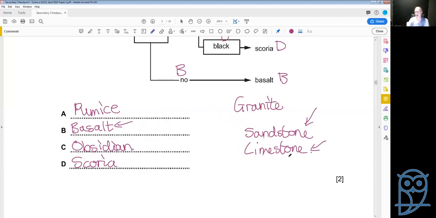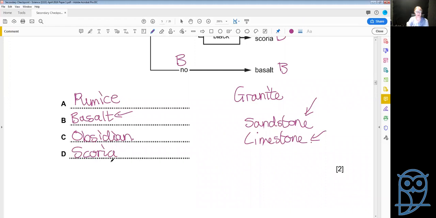And limestone tends to have the fossils of slightly bigger sea creatures embedded inside it. So that's really, really cool. Sandstone is literally lots of sand that sort of gets compacted over time. And sandstone tends to have the bones or fossils in it of more land creatures. So this is the kind of thing where you may get something like dinosaur bones or the prehistoric human bones and things like that.